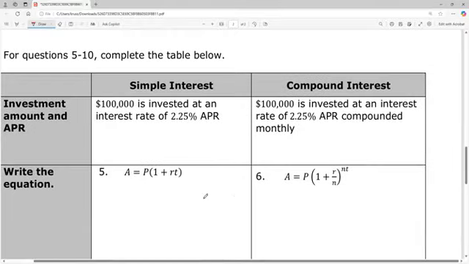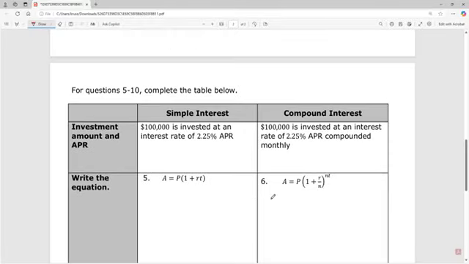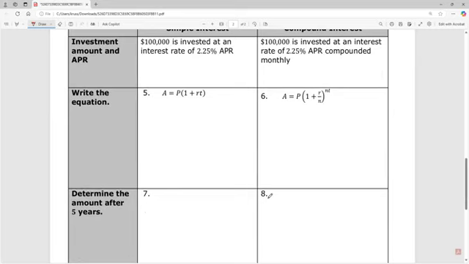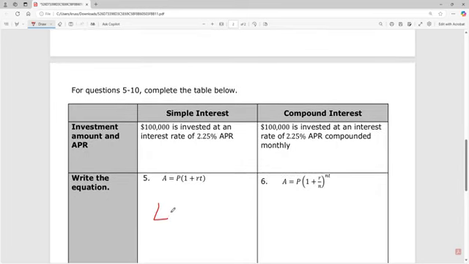Okay. So here, they wrote the equation for you, right? A side-by-side comparison of simple interest, the linear equation, versus the exponential equation.